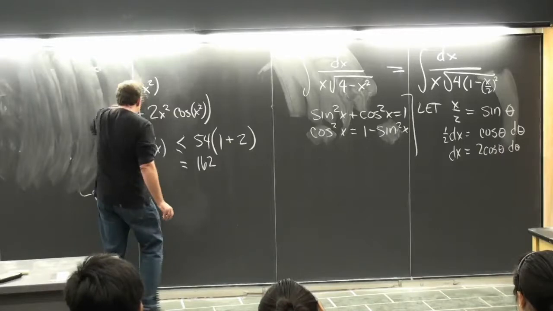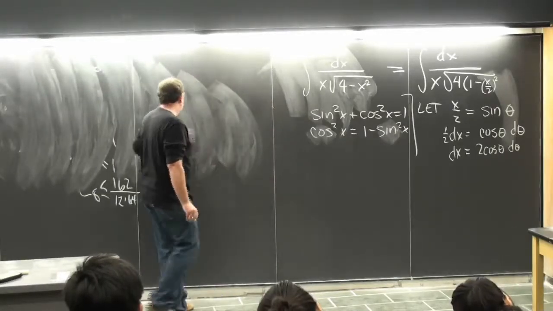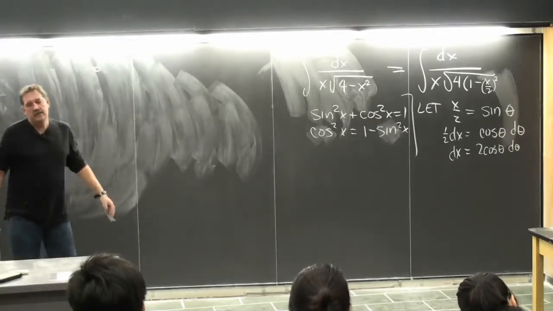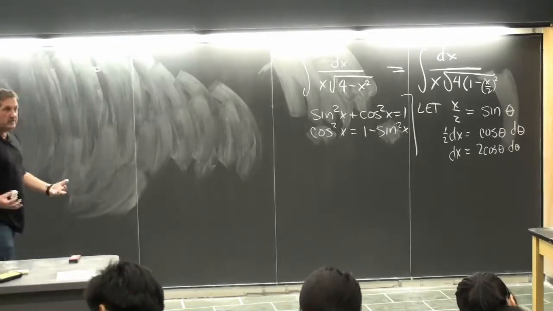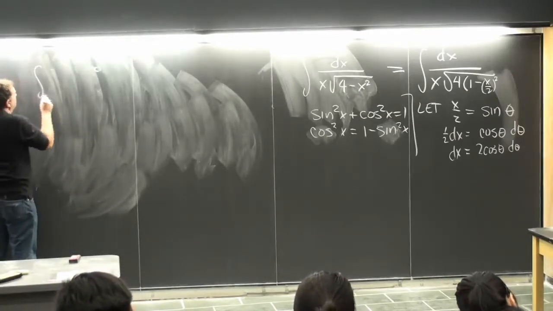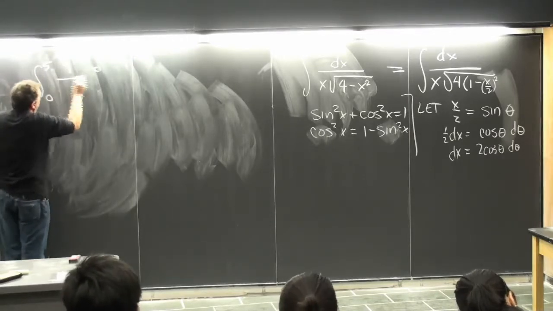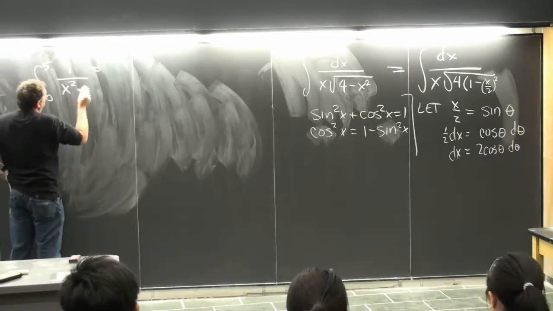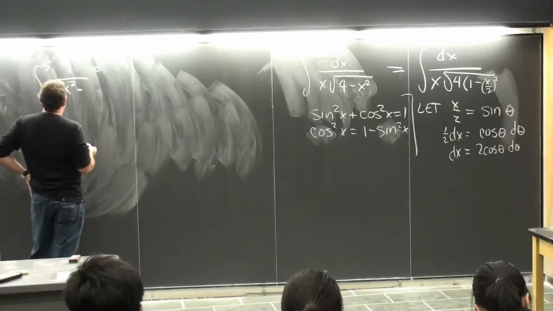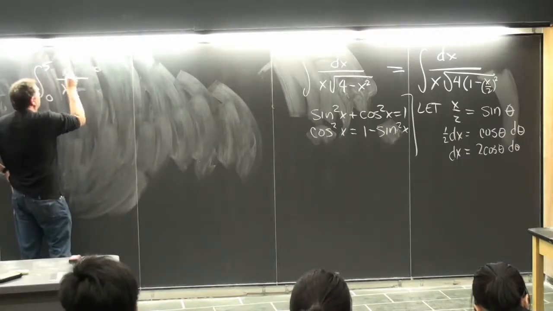So the most obvious one is if we have something like, well, let me do one that's internal. The integral from 0 to 5 of 1 over x squared. We'll just make it easy.